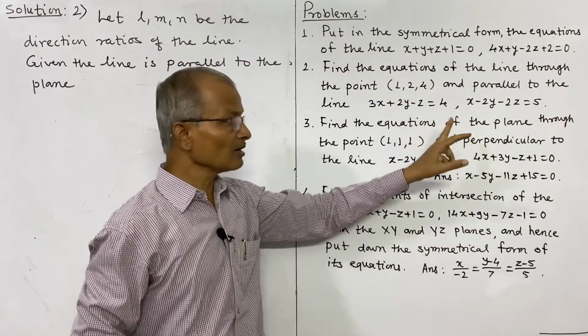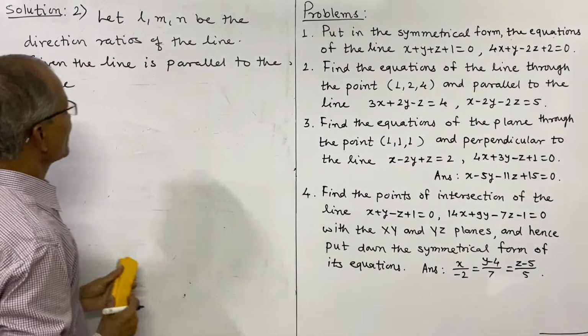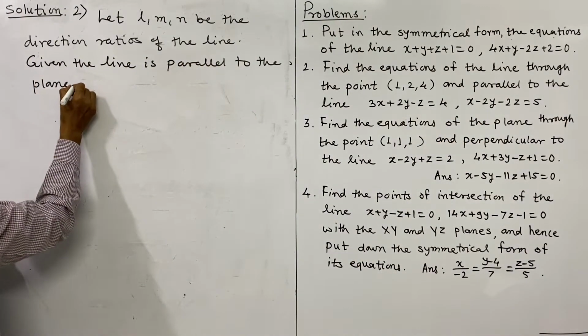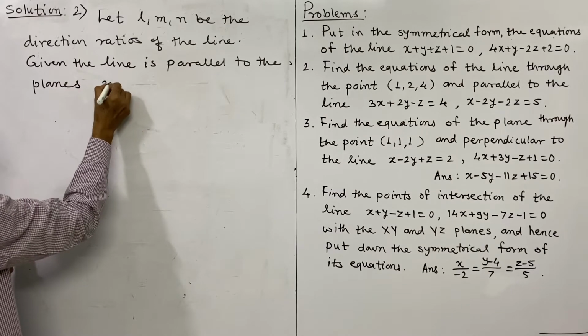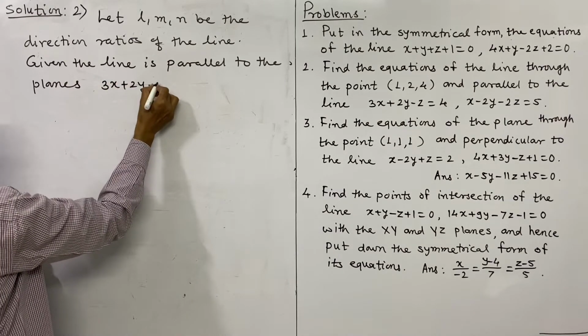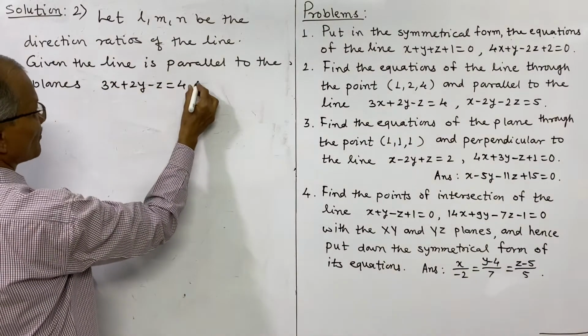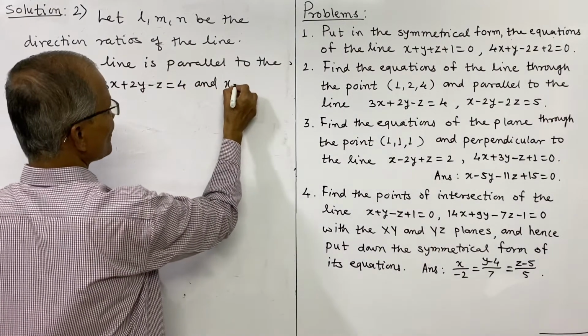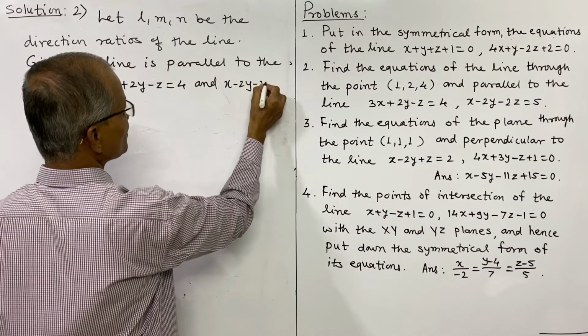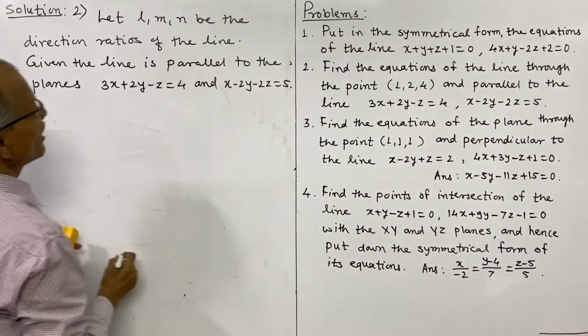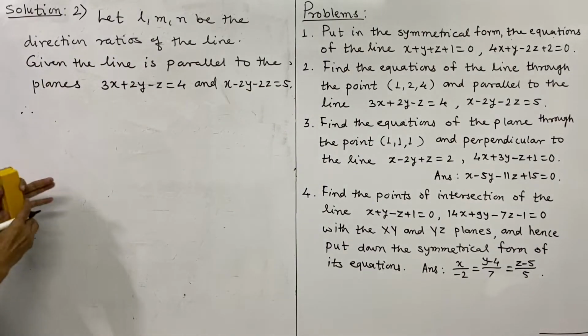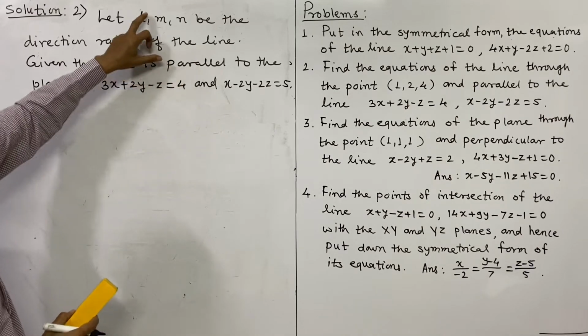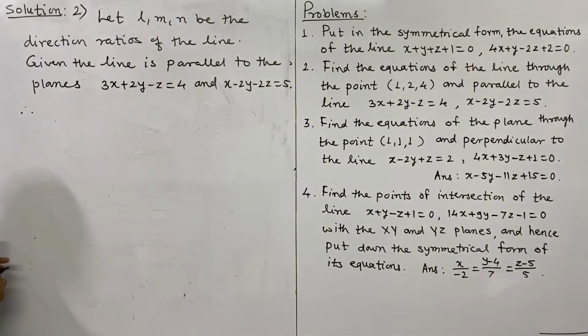The line is parallel to each of the planes, 3x + 2y - z = 4 and x - 2y - 2z = 5. Therefore the line is perpendicular to the normals of these planes.